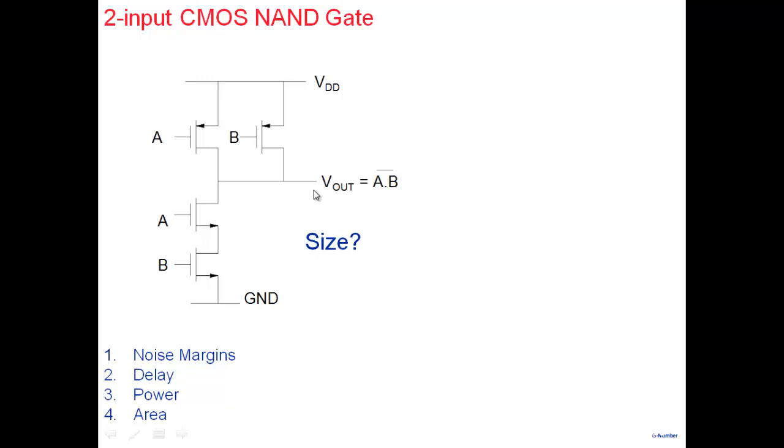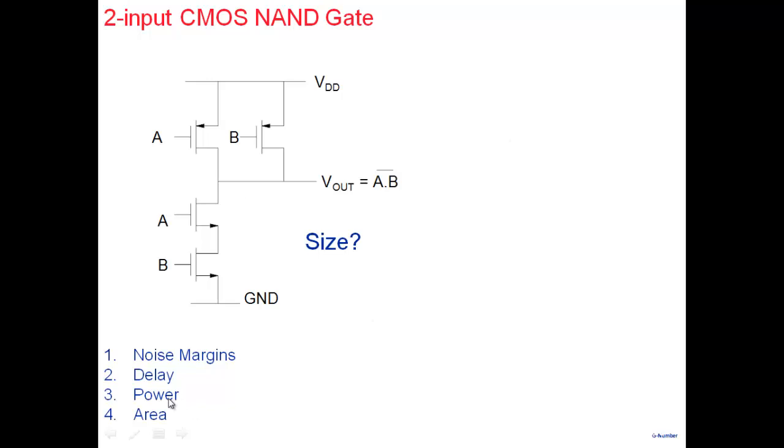Because note that delay comes about because of the capacitance. And some part of the capacitance will come from here, and some part of the capacitance will come from the load. So the delay is something that I cannot decide just by looking at a NAND gate and saying, this is the size that you should use for minimum delay. One cannot do that, because delay depends on the environment of the NAND gate here.